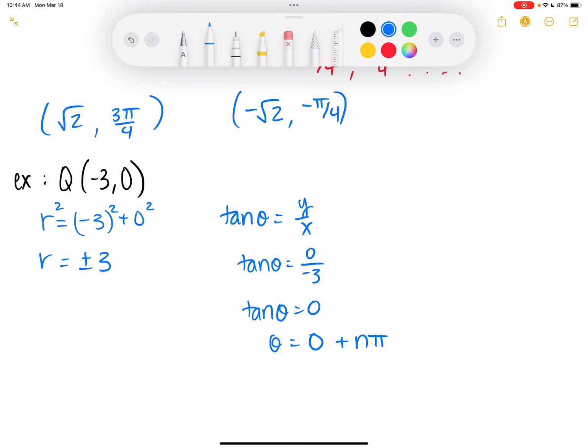And we can keep going at 2 pi, at 3 pi, at 4 pi, and so on and so forth. So every time we add pi, we have that. So 0 and pi we'll use for our angles. So at negative 3, 0. Now this is a polar coordinate here, obviously it looks exactly the same as this one, but this one's polar. And then also at 3 and pi.